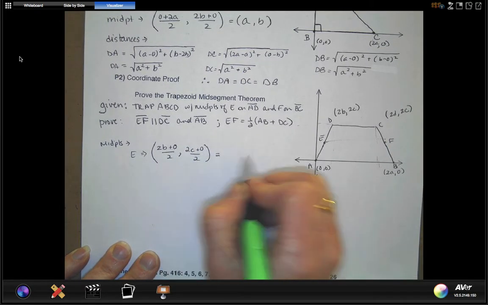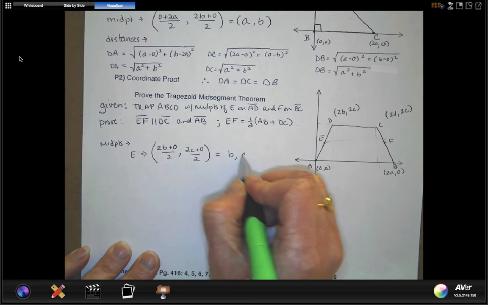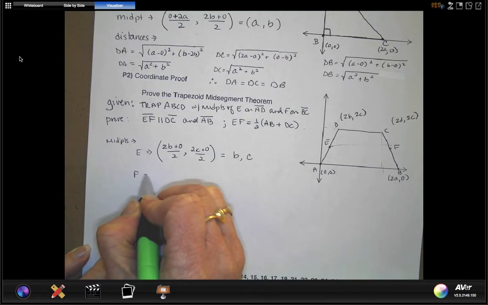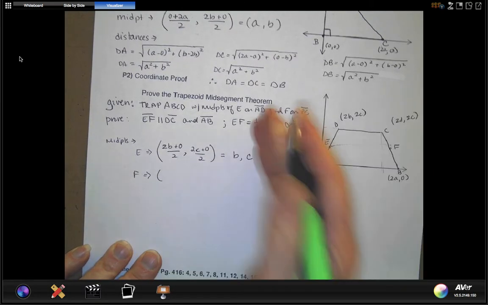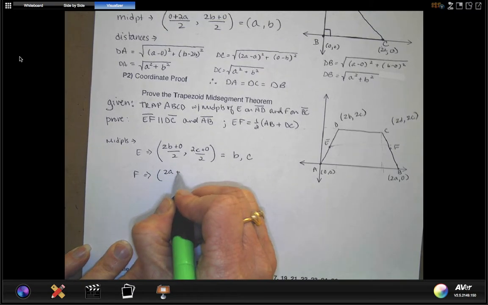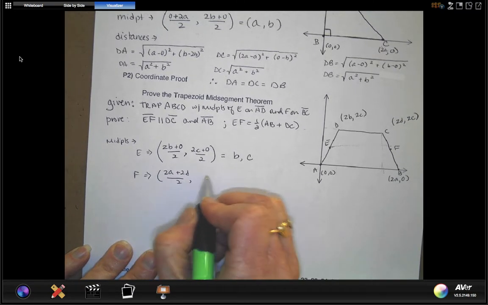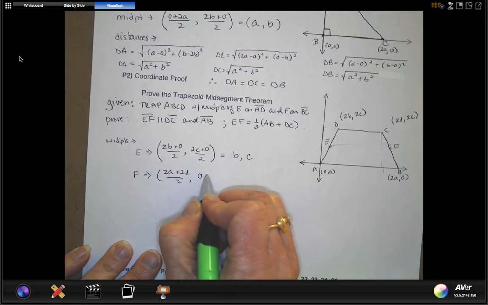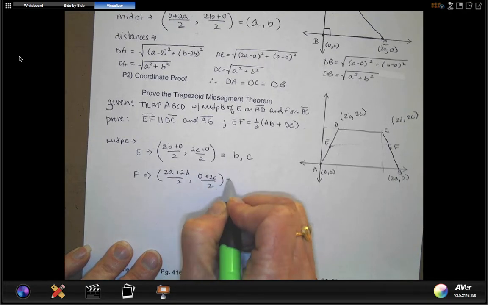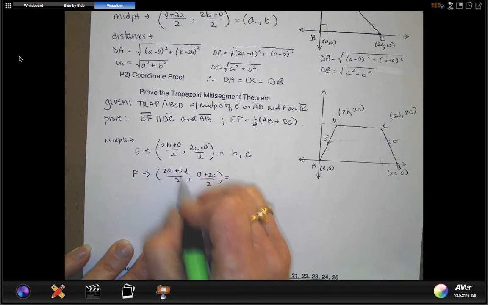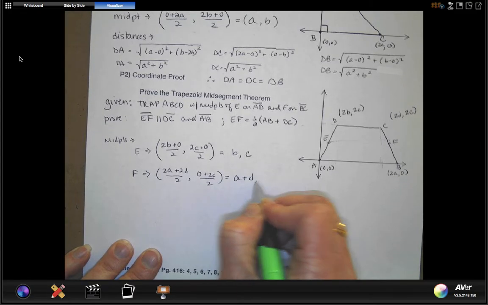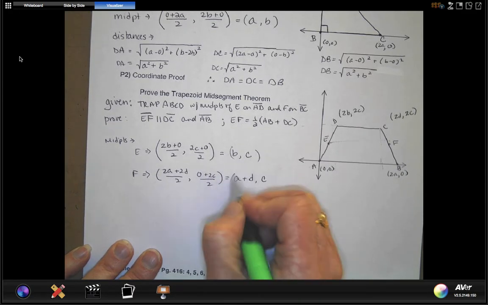So E is going to be at B, C. F, again, right, left, 2a plus 2d over 2, 0 plus 2c over 2. So this ends up being just A plus D, this ends up being C, okay? So those are my two midpoints.